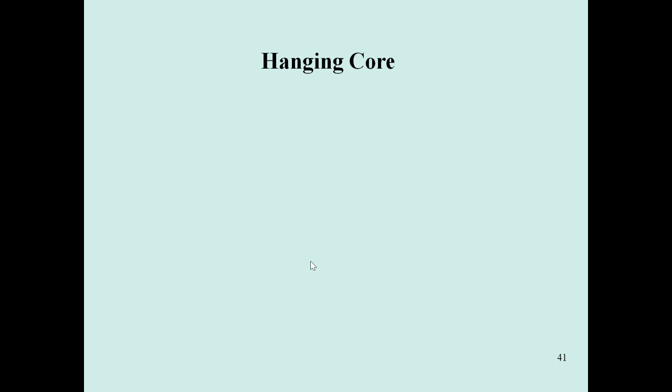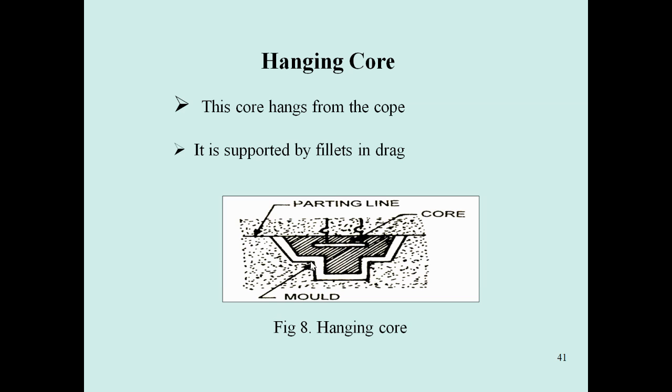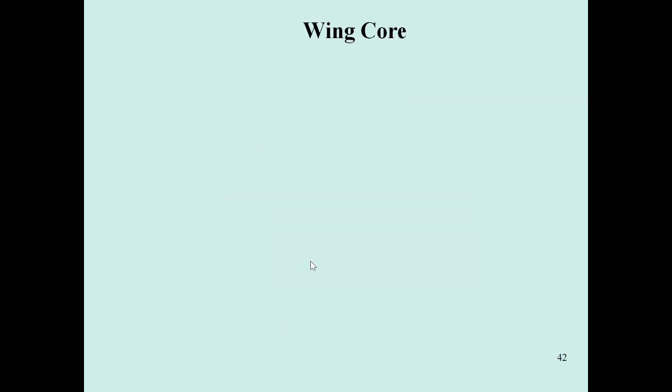Next, hanging core. You can see the diagram of a hanging core here. This core hangs from the fork. It is supported by fillets in the drag.